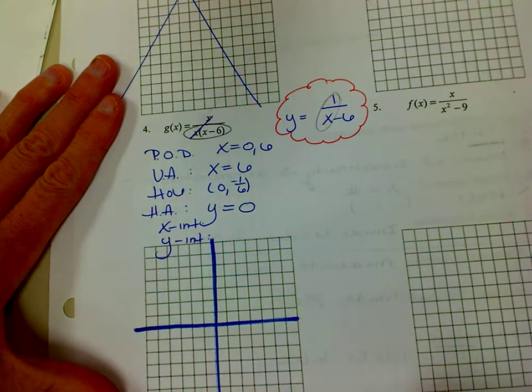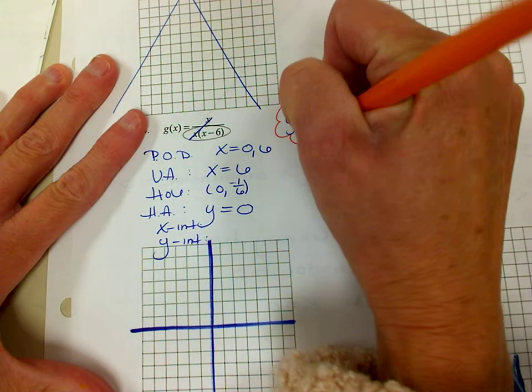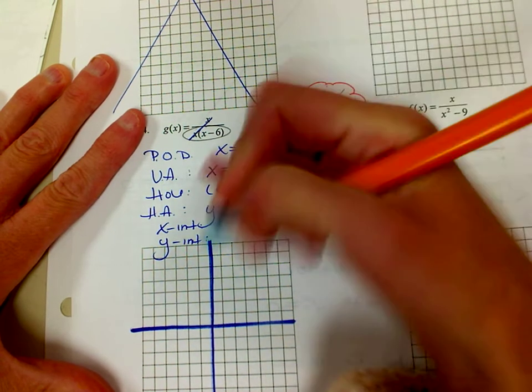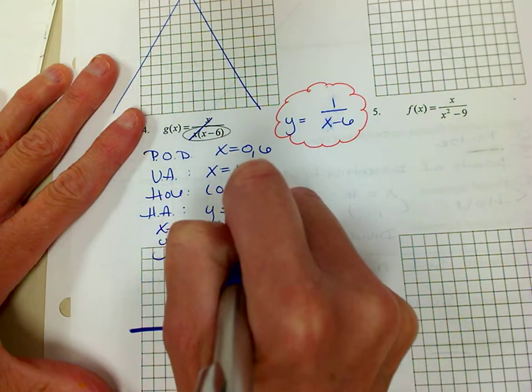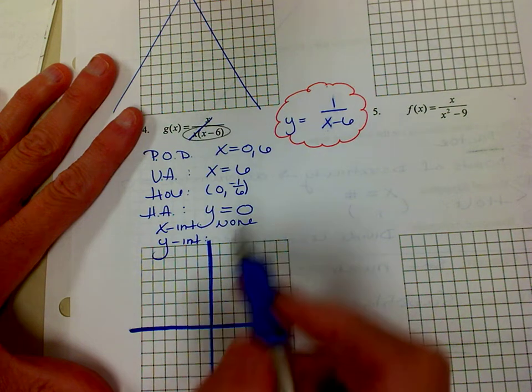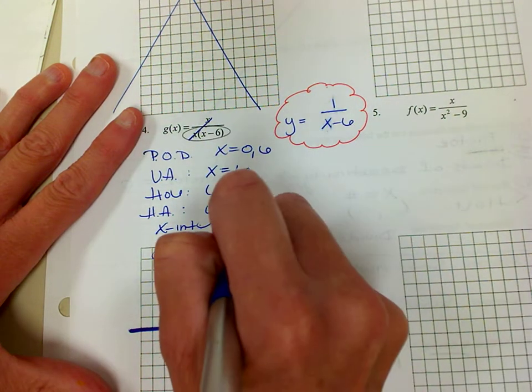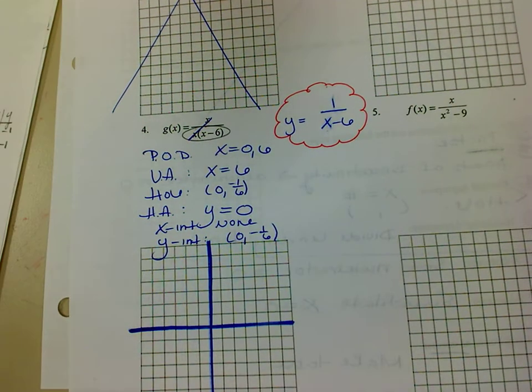To find the x-intercept, I set my numerator equal to 0. Well, if I do that, I get 1 equals 0, which is not a true statement, so I do not have any x-intercepts. To get the y-intercept, I'm going to substitute 0 in for x, and I'm going to get negative 1/6, which happens to also be the hole in the graph.